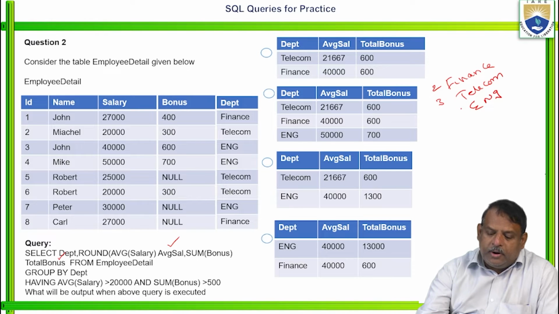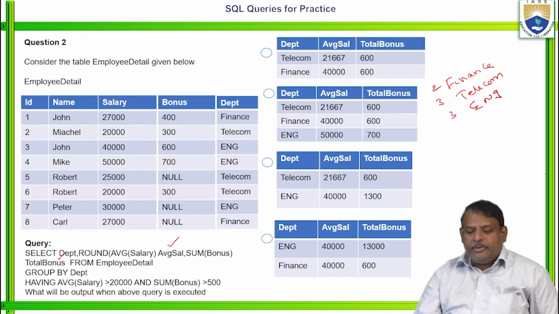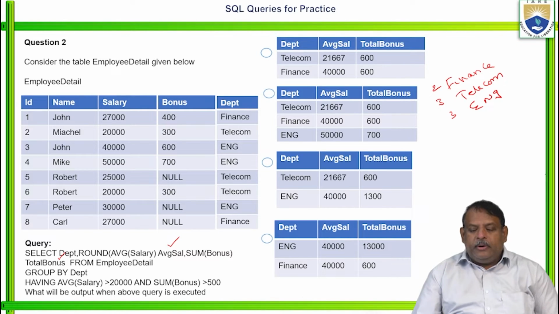So out of 8 records, we have grouped our data into departments. So 2 records in finance. Who are in finance? John and Carl are in finance. Telecom, who are there? Michael, Robert, and one more Robert. So 3 employees in telecom. Engineering, we have John, Mike, and Peter.